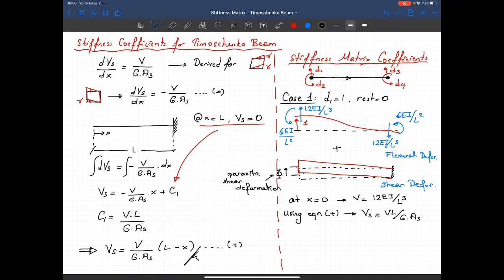So put that shear force into that equation, and that will give me the magnitude of this parasitic shear, which is equal to 12EI divided by GAS times L squared. So at the end of the day, my total translation is equal to 1 plus phi. Okay.